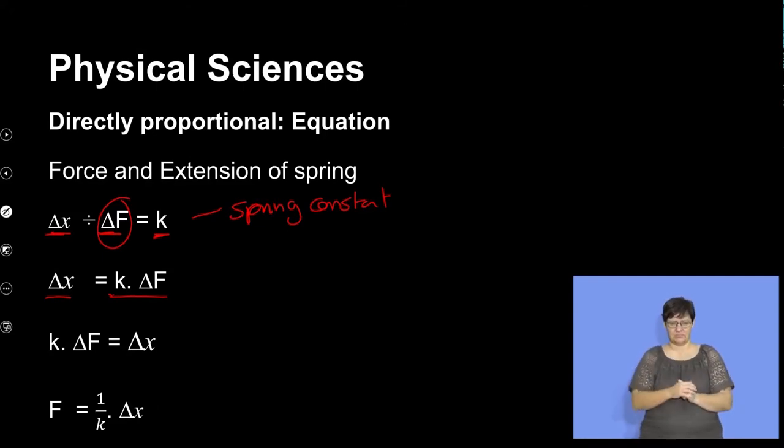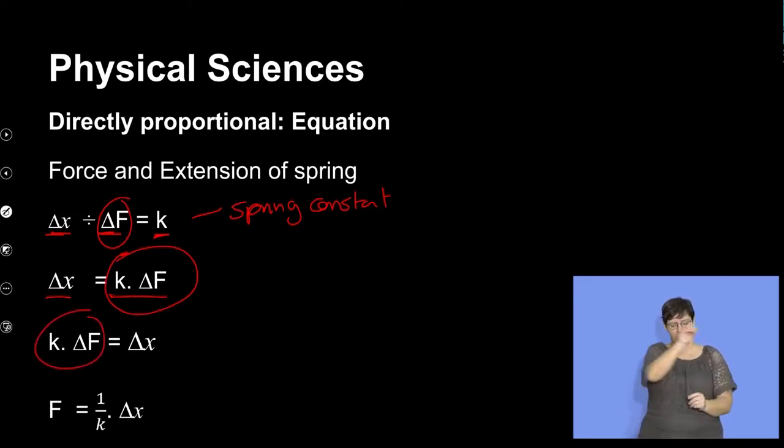I'm just going to rewrite what was on the right-hand side on the left-hand side, and what was on the left-hand side on the right-hand side. And now you can see that I've got k times f is equal to delta x.